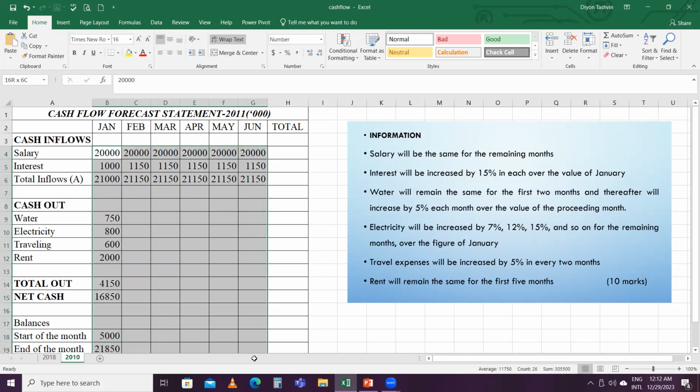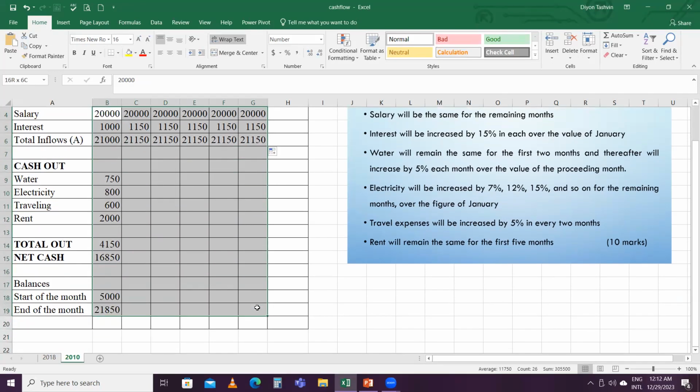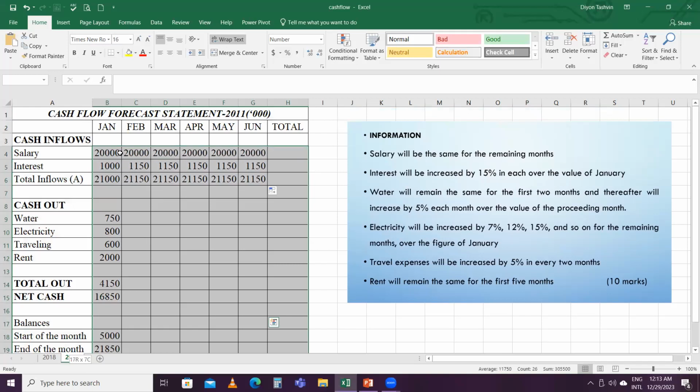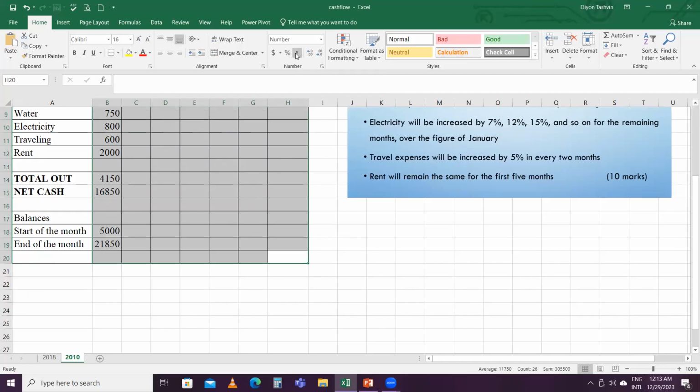I think it's more convenient if we leave it with the 1000 separator. Therefore, I'm going to highlight all the cells which contain numbers. Then I'm going to go to the Home tab, and in the Number group, I have this 1000 separator comma style.